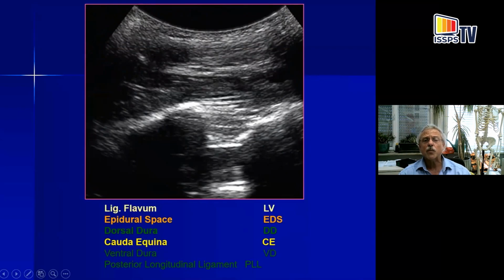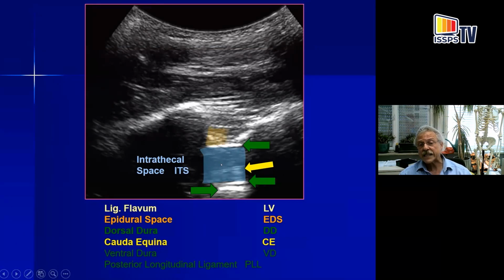Not so important for a posterior approach, but even visible is the posterior longitudinal ligament, a very narrow anterior epidural space. The next layer would be the ventral dura. Then you see the intrathecal area with the cauda equina. You see the posterior dura. You see the epidural space.